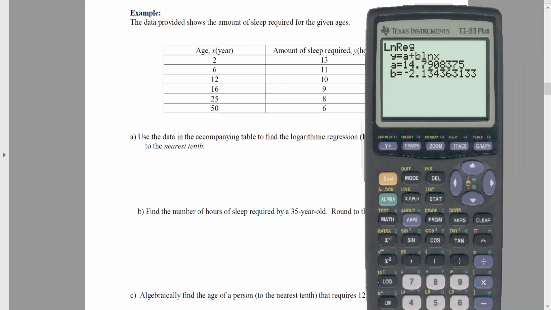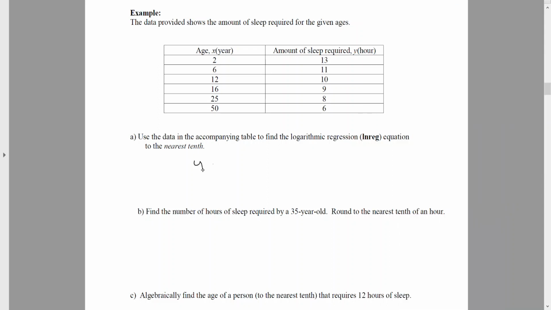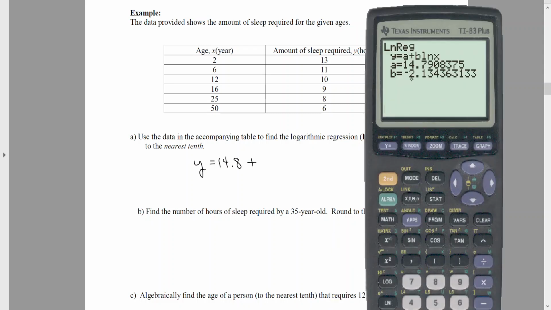So it says to round to the nearest tenth, which means 1 decimal place. So it's going to be y equals, my a value is going to be 14.8 plus, and let's see what my b value is. In front of the natural log, it's going to be negative 2.1.